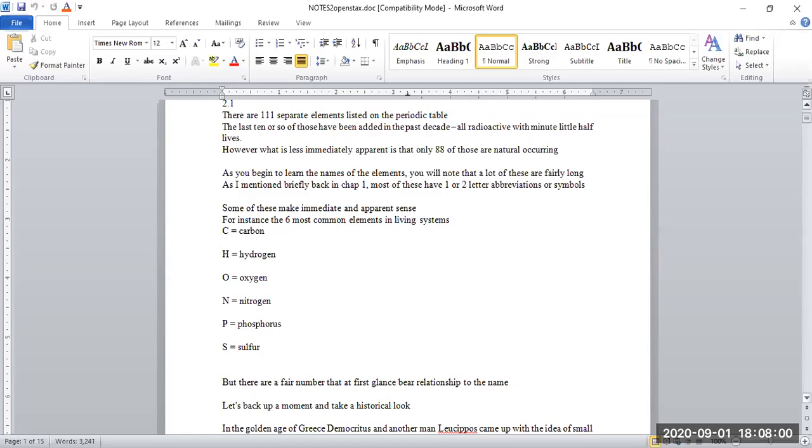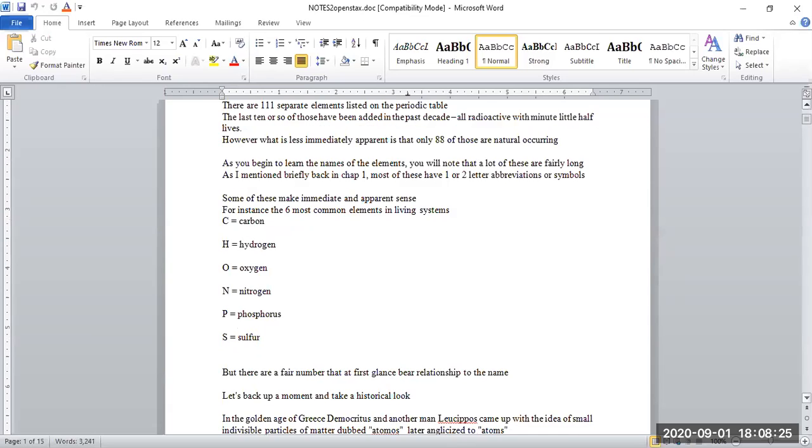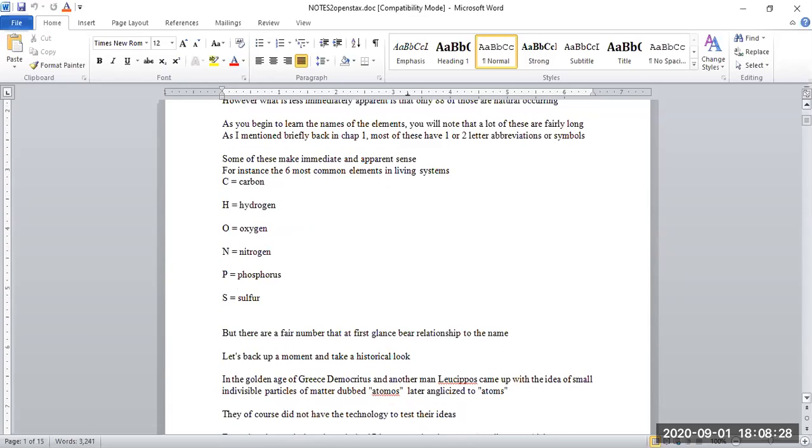Granted, if you're talking about rocks and inorganic things, there's a whole lot of other elements to choose from. But if we're building people, amoebas, plants, my cat, we're mostly going to have those 6 as the overwhelming majority of the elements contained. Note, all of those happen to have a single letter abbreviation. We've got carbon, hydrogen, oxygen, nitrogen, phosphorus, and sulfur.